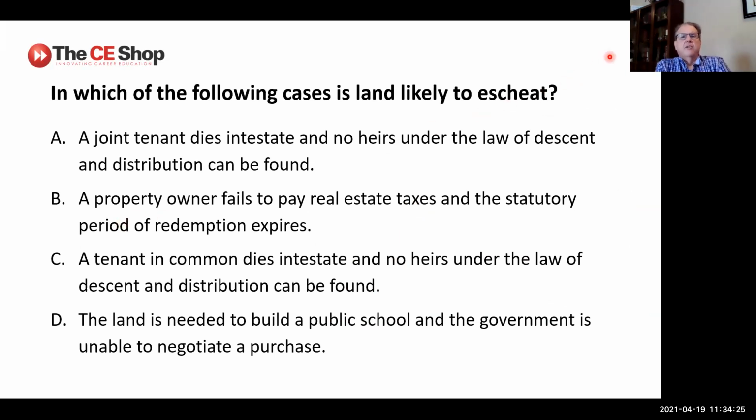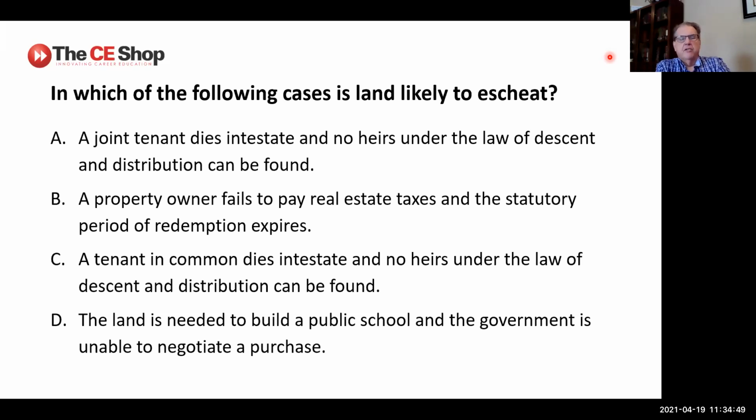In which of the following cases is land likely to escheat? A joint tenant dies intestate and no heirs under the law of descent and distribution can be found. It sounds like it might have some promise, but maybe not. The whole joint tenant thing is kind of troubling.